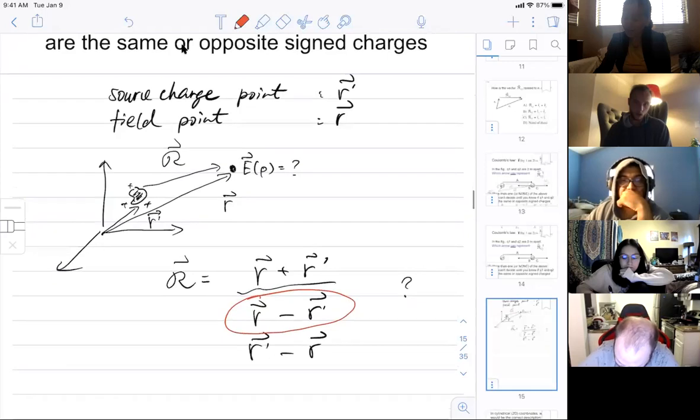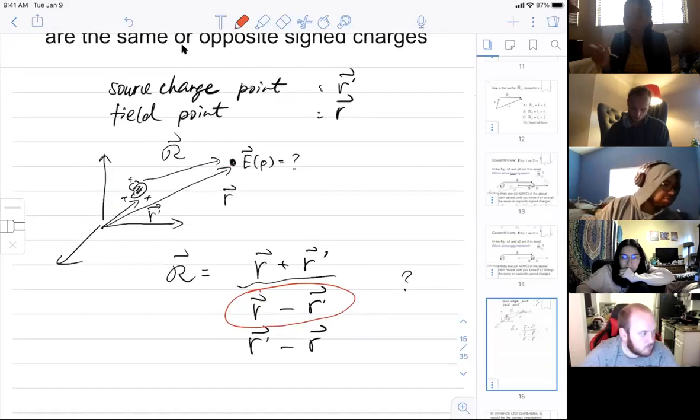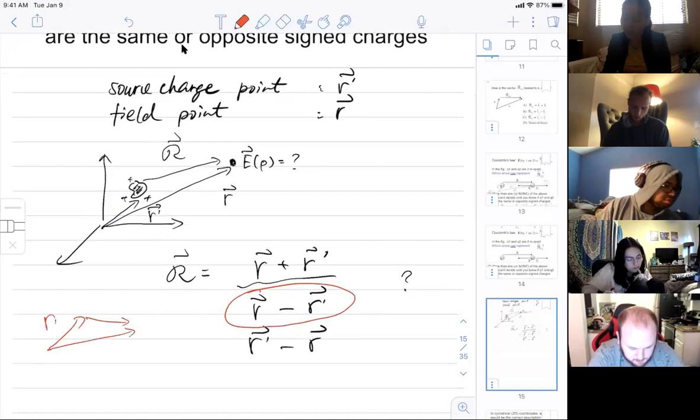Again, think about this. Where I'm drawing it is from one point to another, from the source to the point of interest. As we practiced earlier, R prime and curly R add up to be the vector R. So curly R is R minus R prime.